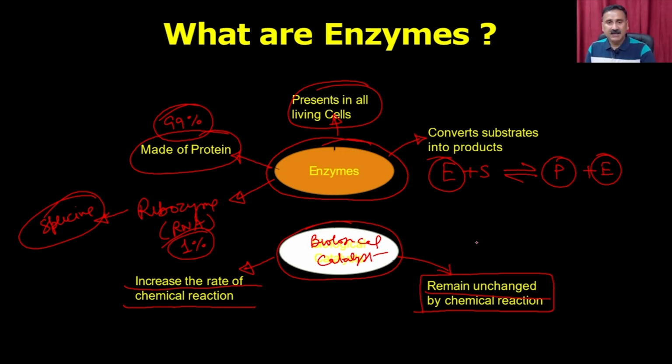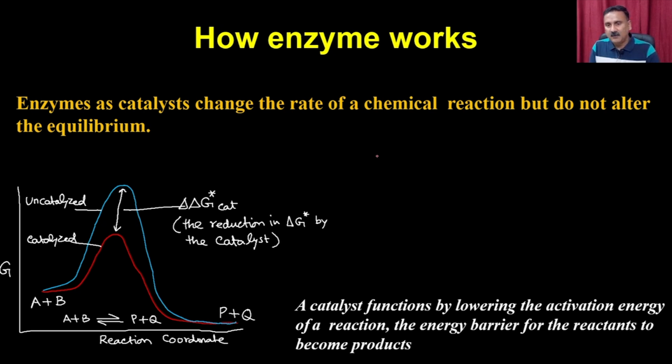Now let's see how the enzyme works. When we talk about reactions, for example, you have two reactants, A and B, and when they get converted, they form C and D. Say A has a group like this, and B has a group like this.